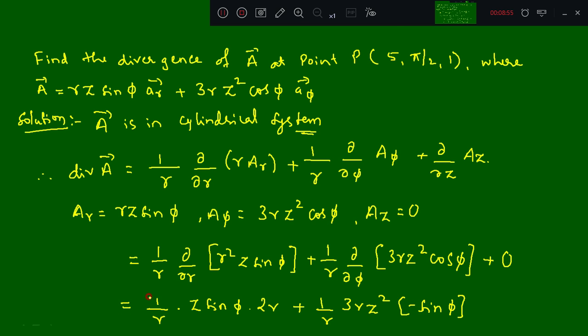Next, here this r cancels, and this r and this r cancel. What remains?